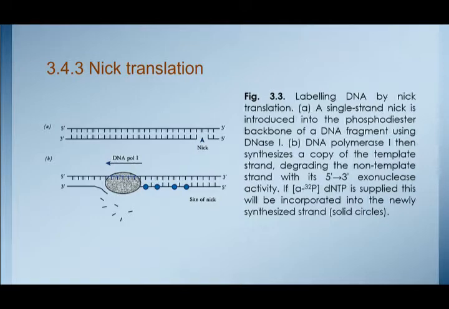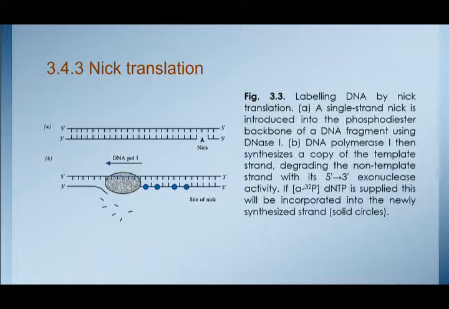DNA polymerase I catalyzes a strand replacement reaction that incorporates new dNTPs into the DNA chain, and if one of the dNTPs supplied is radioactive, the result is a highly labeled DNA molecule.